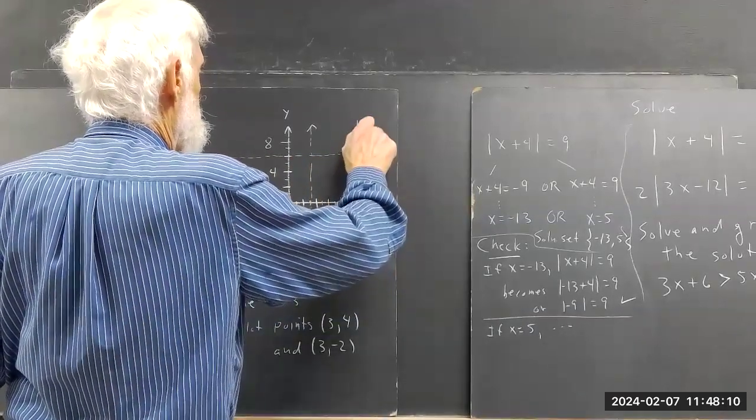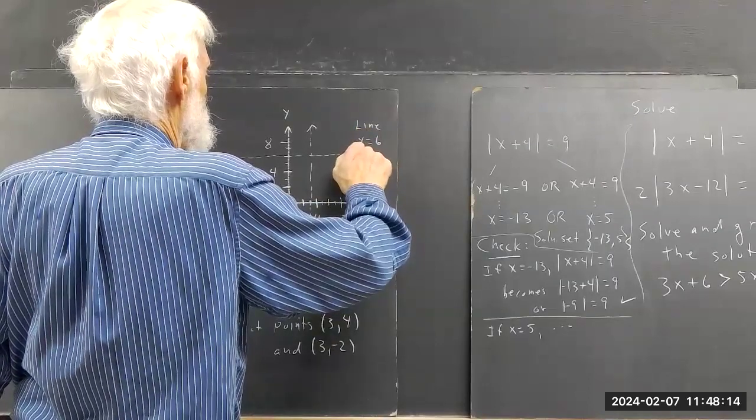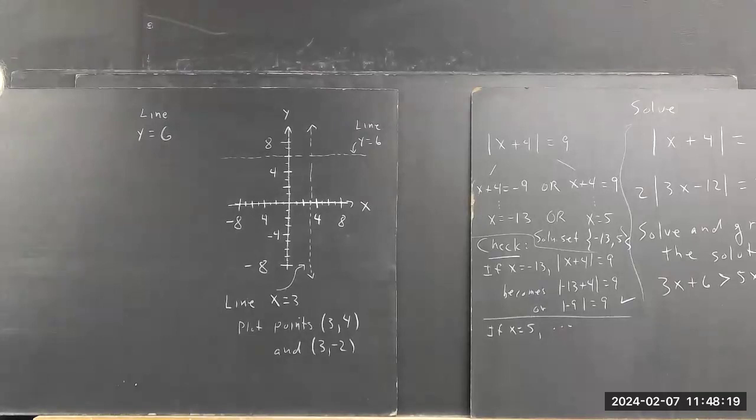So here's the line y equals 6. All right, that's pretty straightforward.